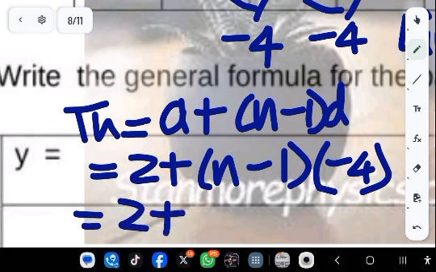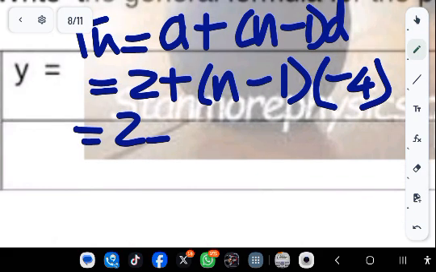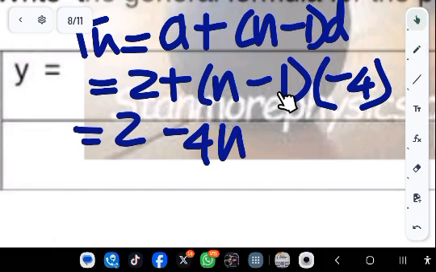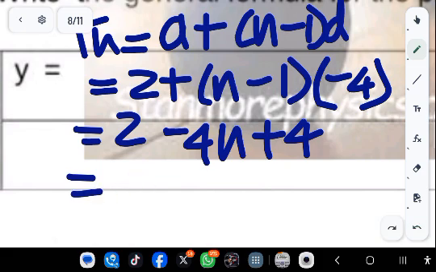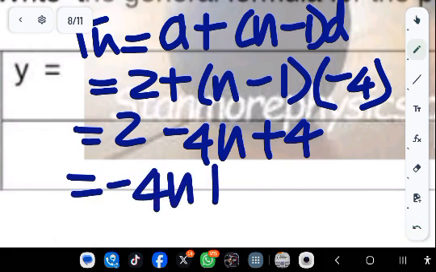That will be 2 plus n times negative 4, that will be minus 4n, and negative 1 times negative 4, that will be positive 4. That will give us negative 4n, and then 2 plus 4 is 6, negative 4n plus 6.